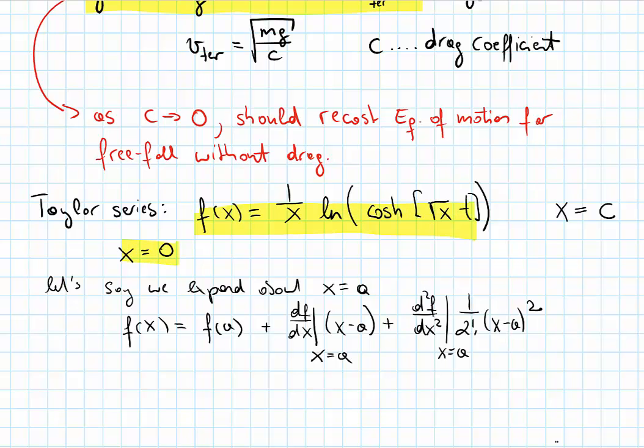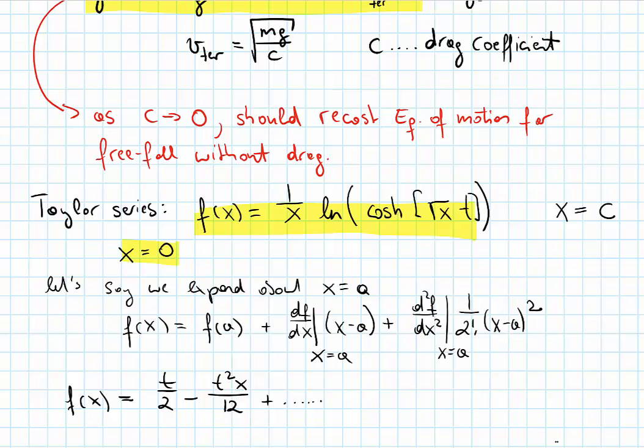And if you do the math, which I won't do right now, but you can go ahead and do it if you want to, you can show that f of x equals t over 2 minus t squared x over 12, and then you have other terms.